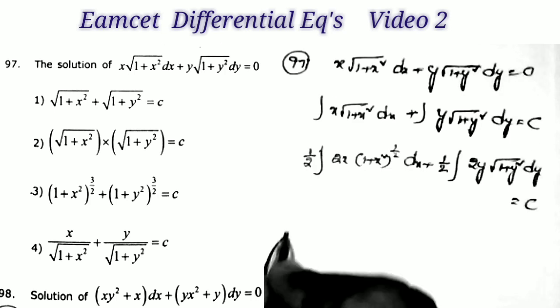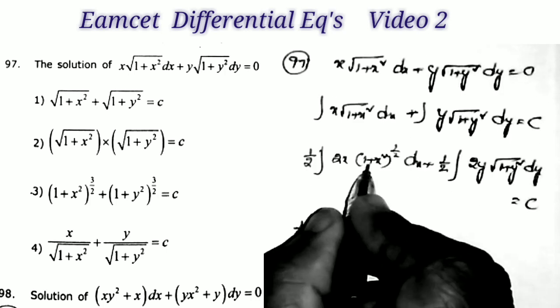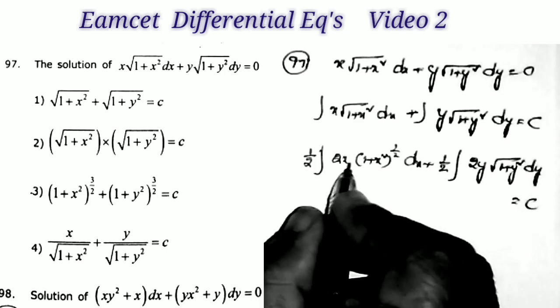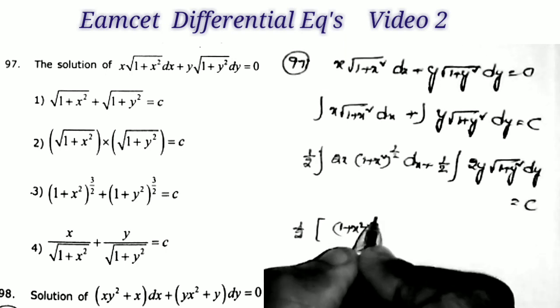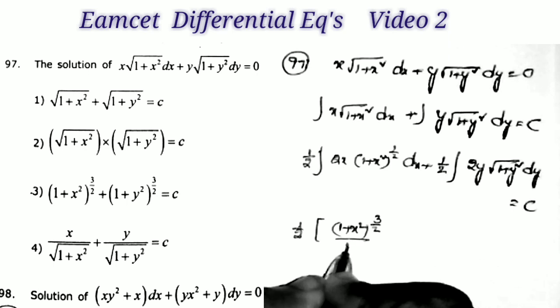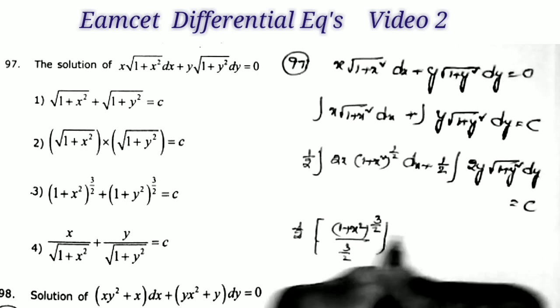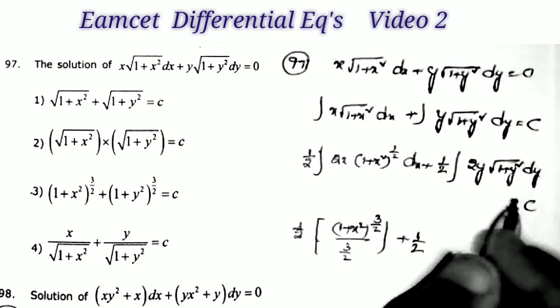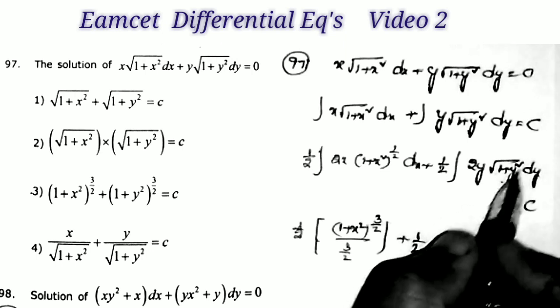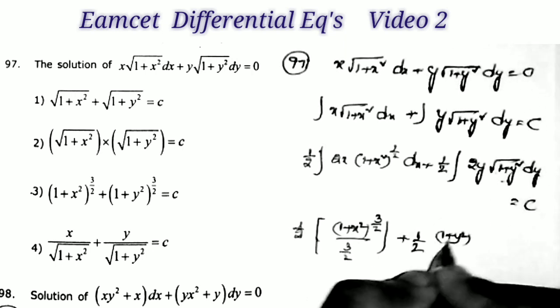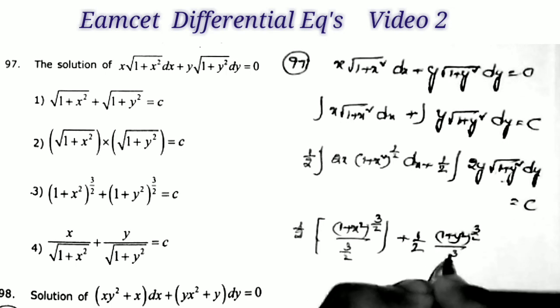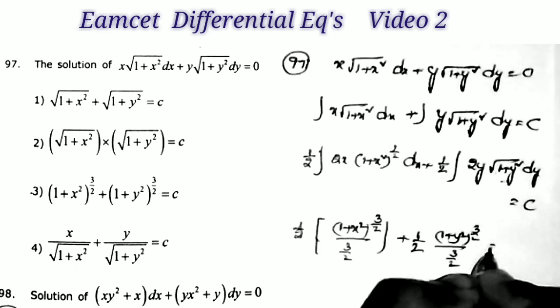Now this is f of x whole power n into f dash of x. What is the answer? F of x whole power n plus 1 by n plus 1, that is 3 by 2 by 3 by 2. Plus this is also f of x power 1 by 2 into f dash of x, that is 1 plus y square power 3 by 2 by 3 by 2, is equal to c.